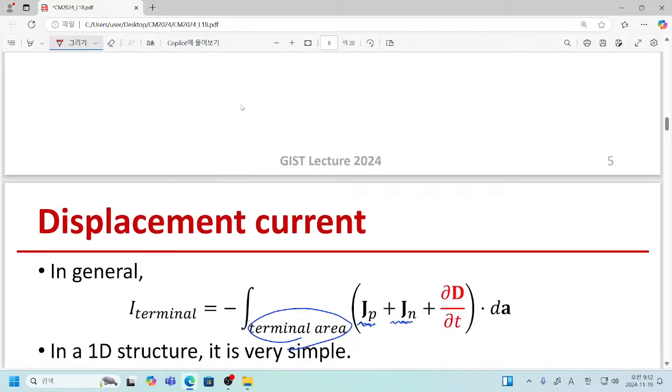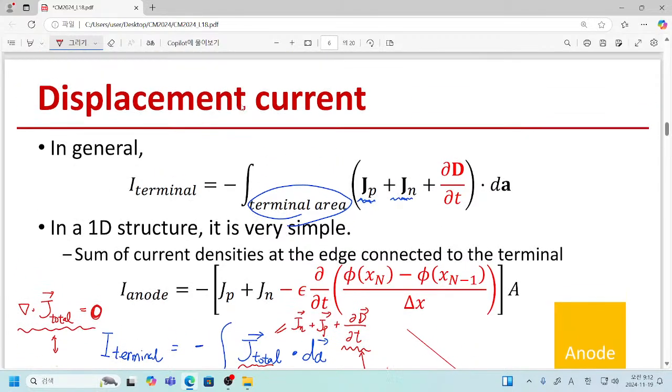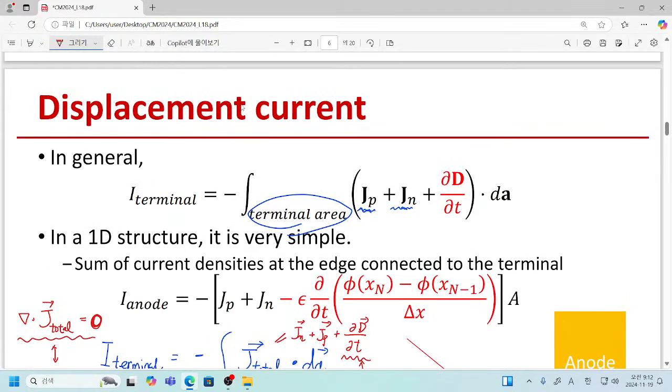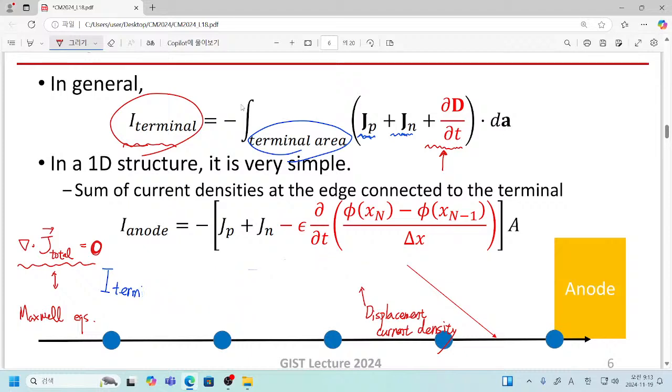But when you get certain information out of your converged solution, the most important quantity is the terminal current, and you have to also modify your expression for it. Please include this term. Then how can we include this displacement current contribution to our IV characteristics?